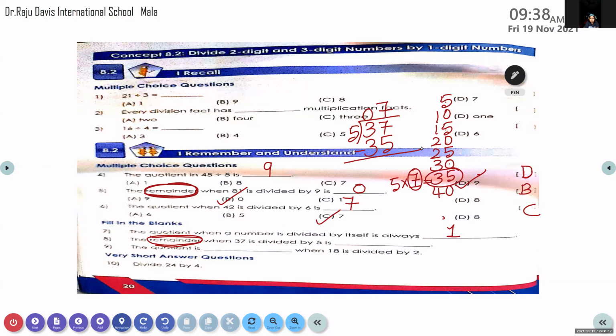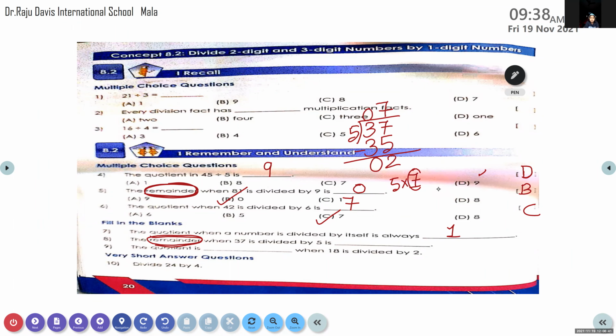7 minus 5 is 2. 3 minus 3 is 0. So what is to be written on the dash there? The remainder when 37 is divided by 5 is dash.